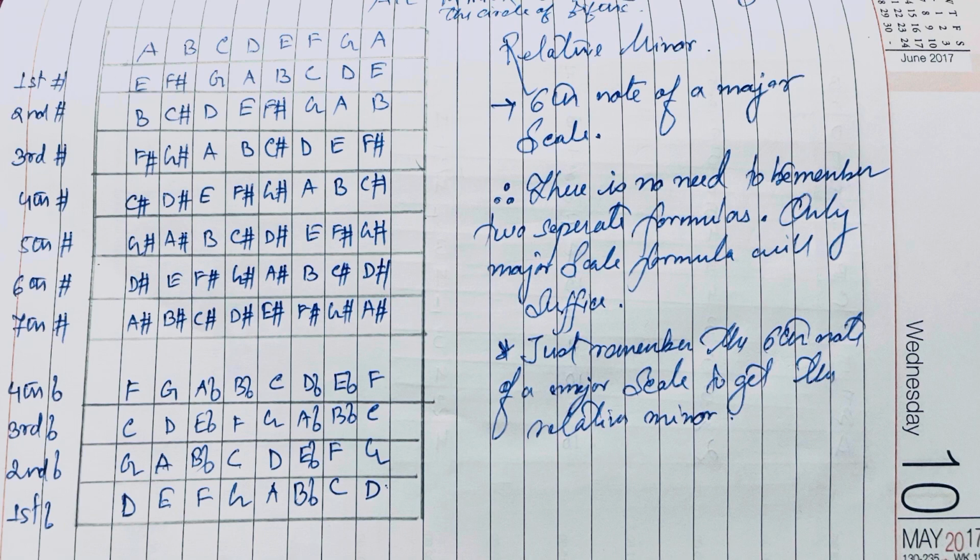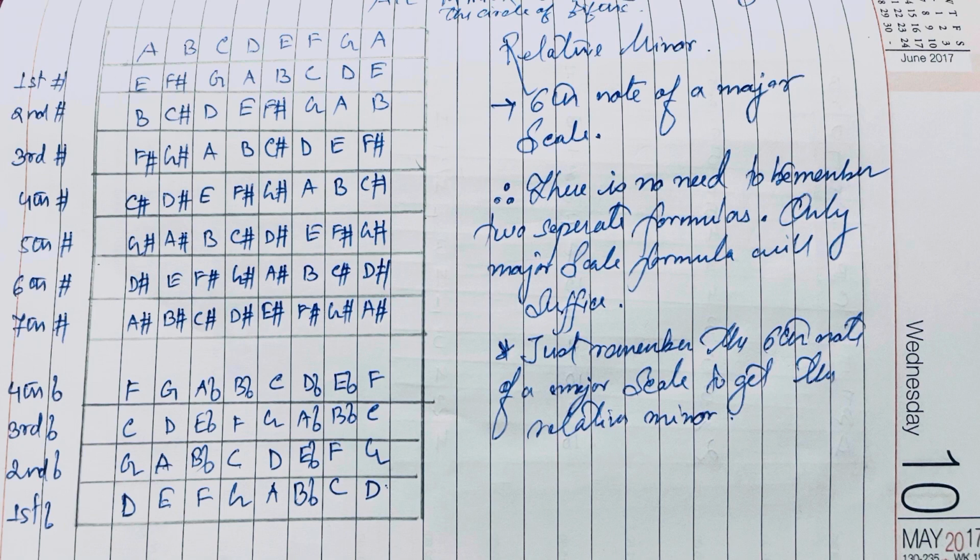So if you go to any major scale and pick out the note number 6, that particular note becomes the relative minor of that major scale. In the case of G, you can find the 6th note to be E. So the E minor scale and the G major scale have all the same notes.